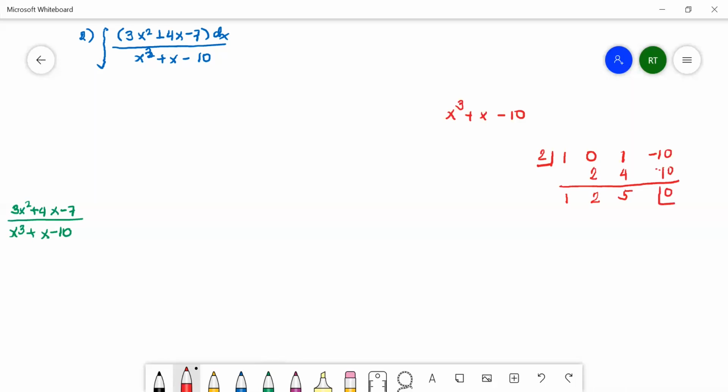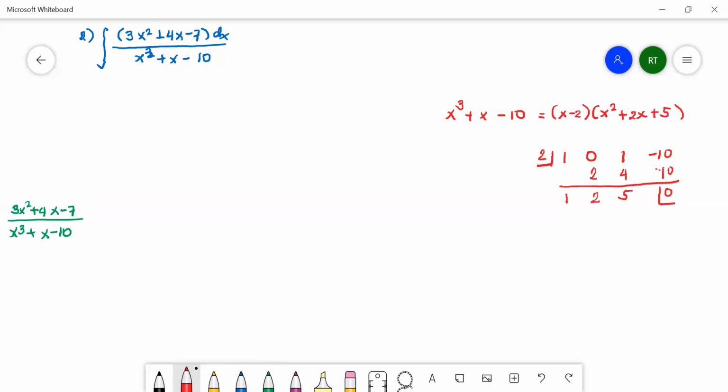So we have the root 2, and corresponding to the root 2 is the linear factor x minus 2. And of course, the other factor will be 1 degree less with numerical coefficients 1, 2, 5. Hence, we will have the other factor x squared plus 2x plus 5.